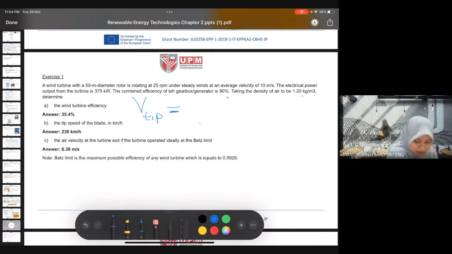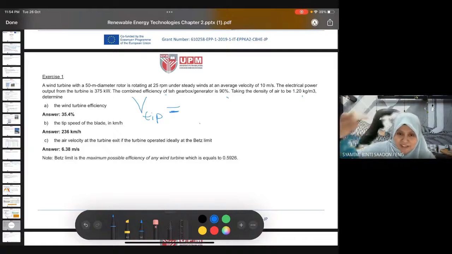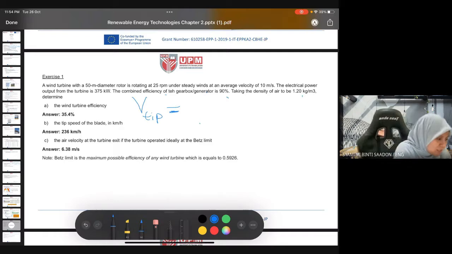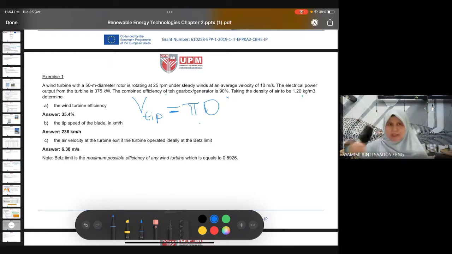If you remember, the circumference, the perimeter of one circle, the formula is pi d. That is one rotation or one revolution.